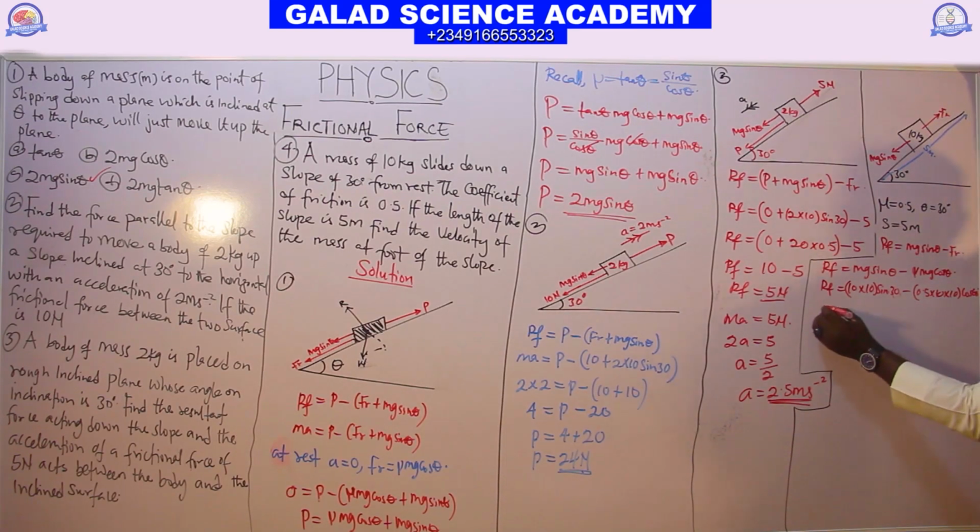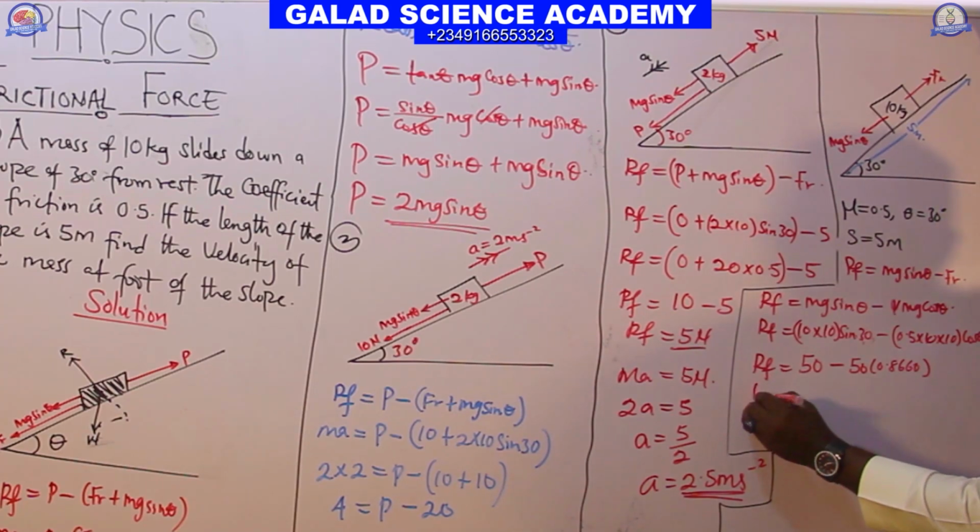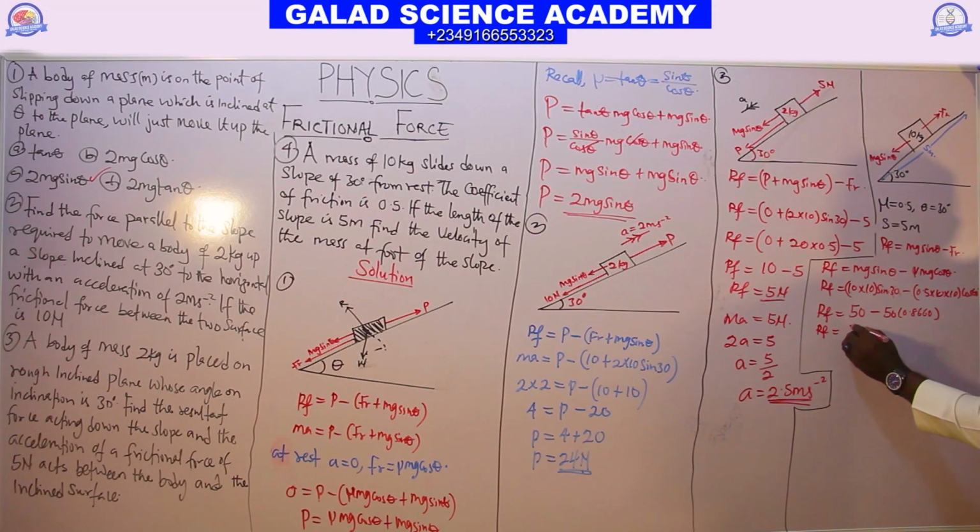R is 100 times 0.5, which is 50, minus 50 times cos 30, which is 0.8660. Multiplying by 50 gives 43.3. Subtracting, the resultant force is 50 minus 43.3, which is 6.7 Newton.